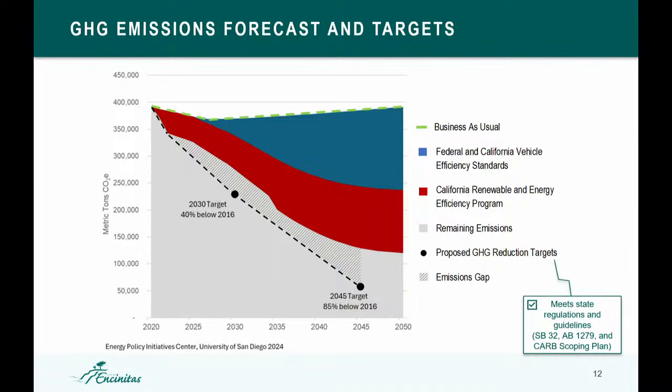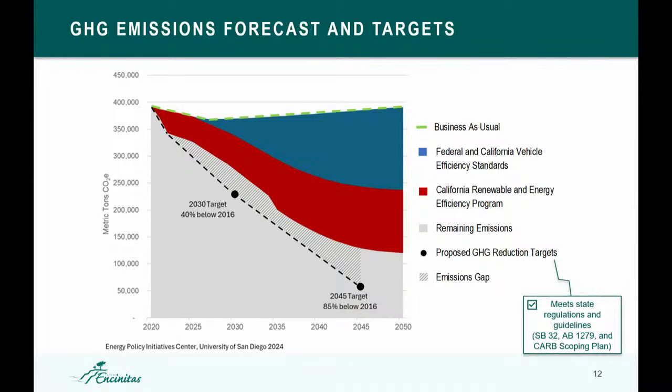And so if you look at the green dashed line at the top of the chart, that is what we call the business as usual emissions. So if there were no federal, state, or local regulations, this is what we would anticipate emissions to be over time out to 2050. So you can see it roughly stays about the same at just under that 400,000 mark over time to 2050.